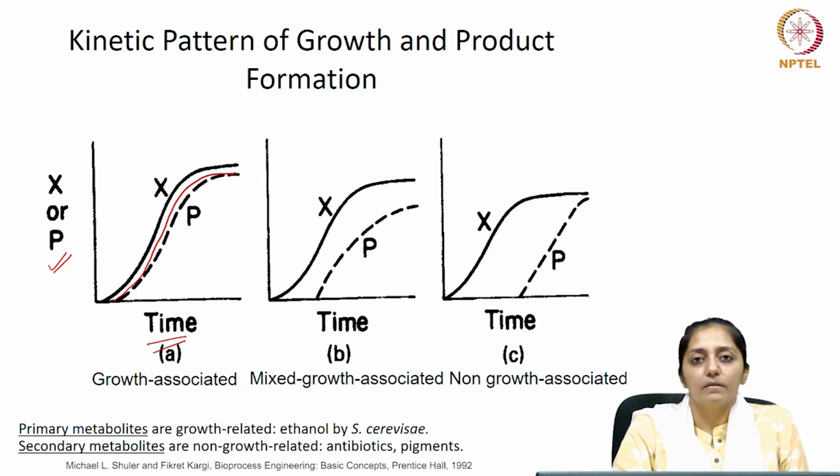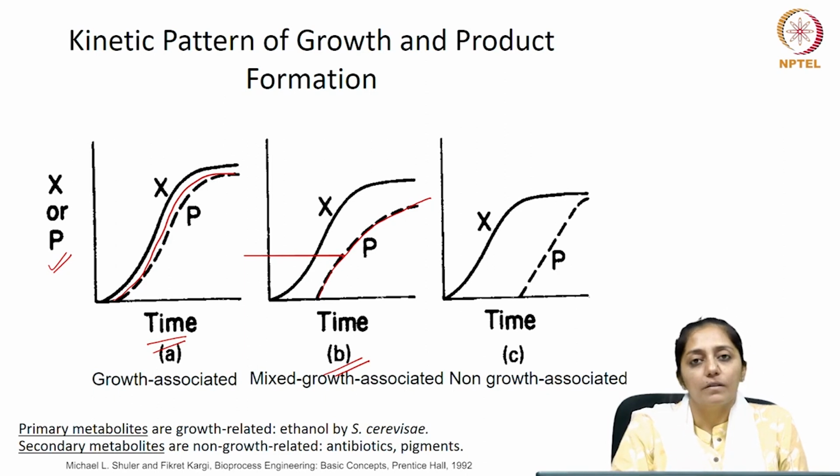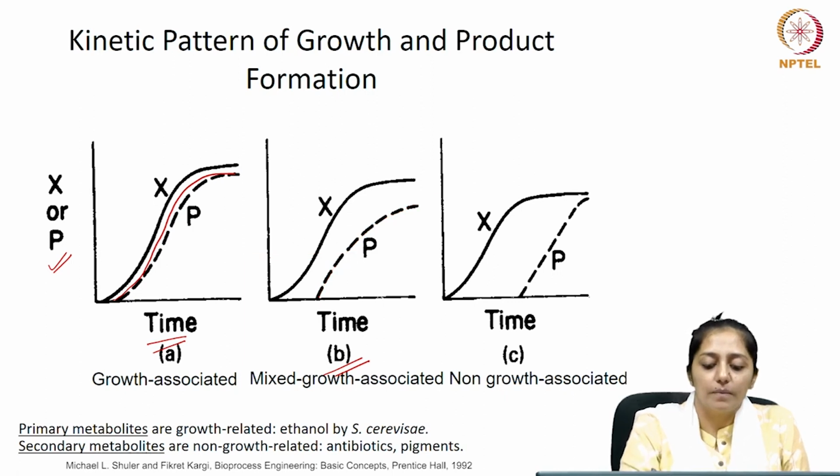This depicts growth associated product formation. If you see curve B, the product starts getting formed during the growth phase of the culture and is continuing in the stationary phase as well. So this is a mixed growth associated product formation.